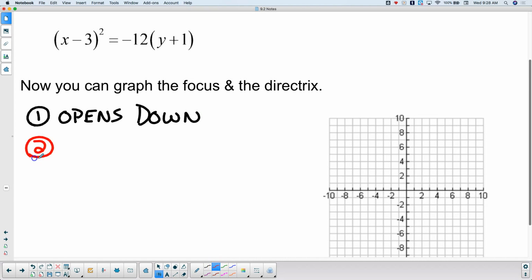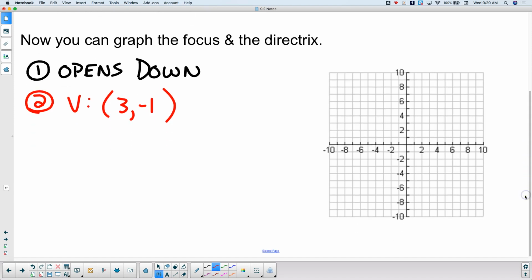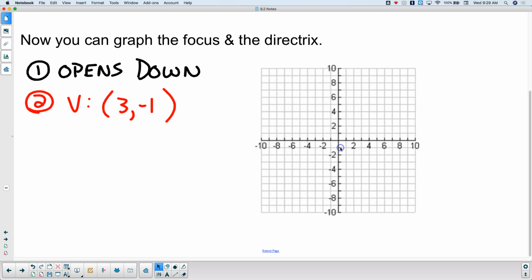Okay. Step number 2 then was find the vertex. So where is the vertex on this particular one? 3, -1. So we can graph that point 3, -1. Tap the brakes here. Let me expand my graph a little bit so that it gets a little bit bigger.